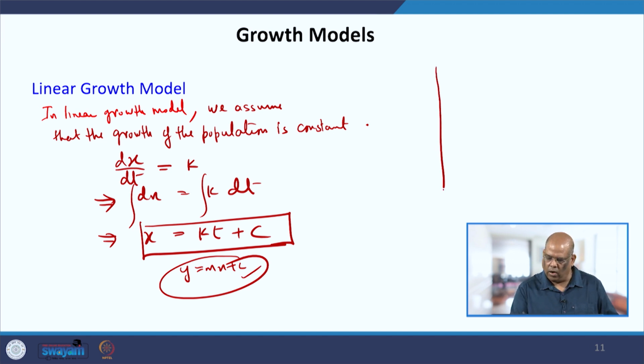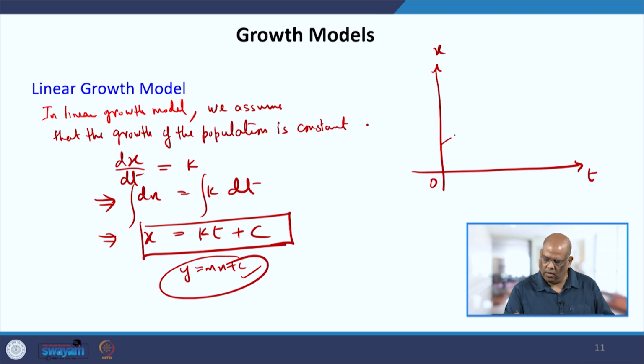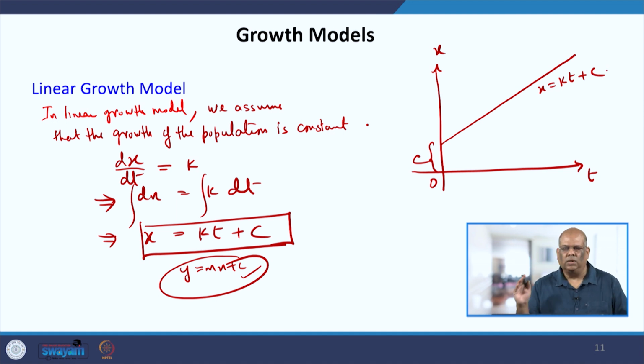So, if you plot the graph, you will get a straight line where this is your c, assuming that c is positive, and this is x equal to kt plus c. So, this is a linear growth model.